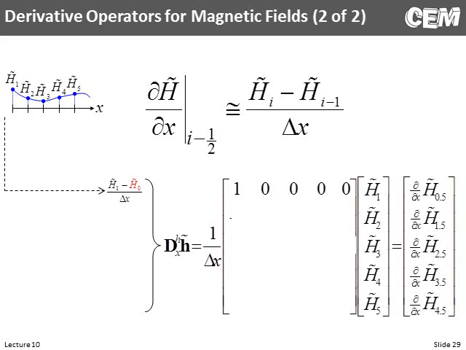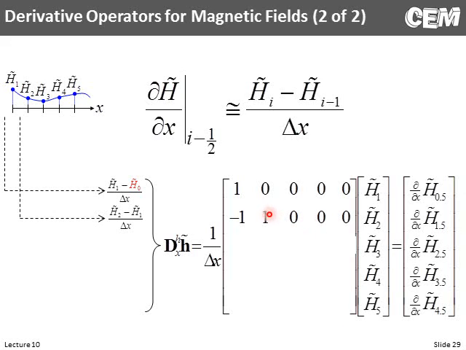It's just a 1 in that first column corresponding to h1. The derivative at the next point is h2 minus h1. Same cell minus previous cell over delta x. So here's how we would fill in the row.